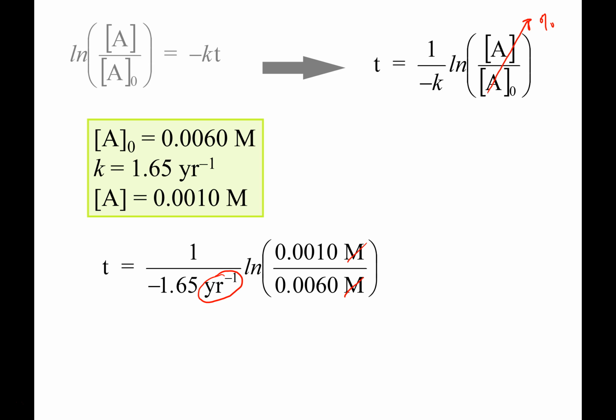And then I would divide that by negative 1.65. You get 1.1 years. Oh, 3 sig figs, sorry. I'm not sure about that. I'd go with about 1.1 years.